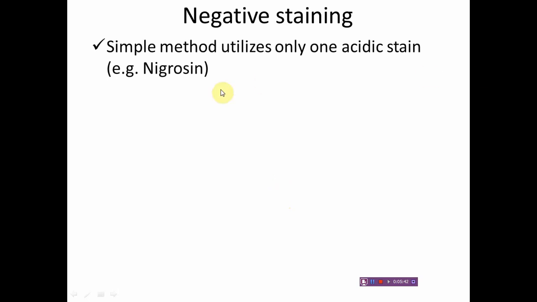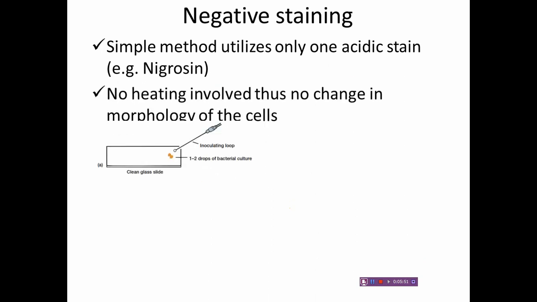Negative staining: an acidic stain such as nigrosin, India ink, or rose Bengal is used for the test. Here no heating is done so that the heat sensitive components of the cell remain in their normal form.